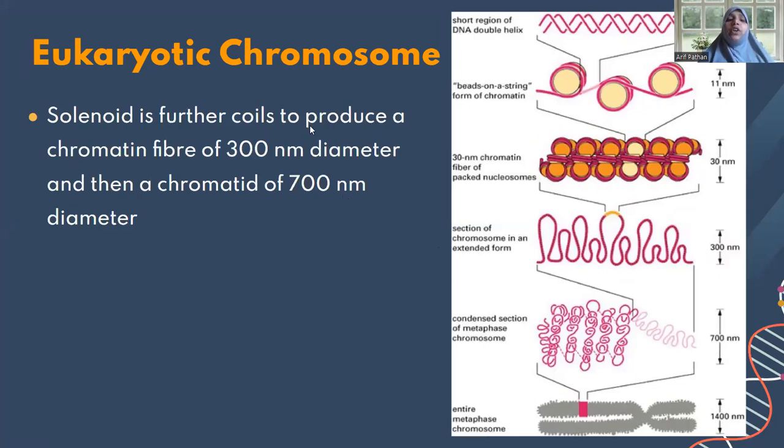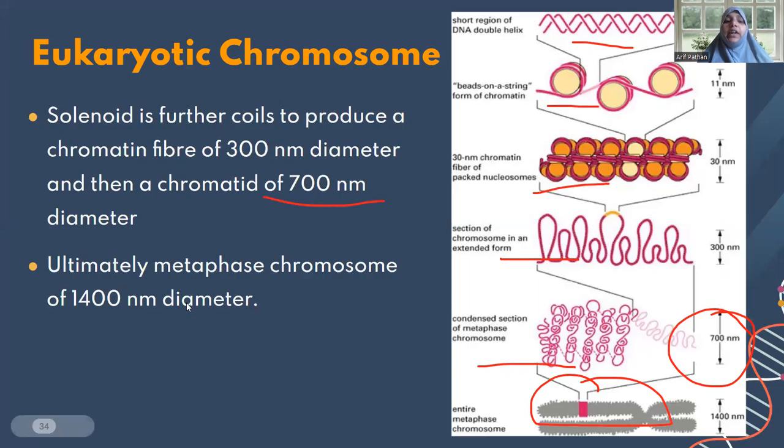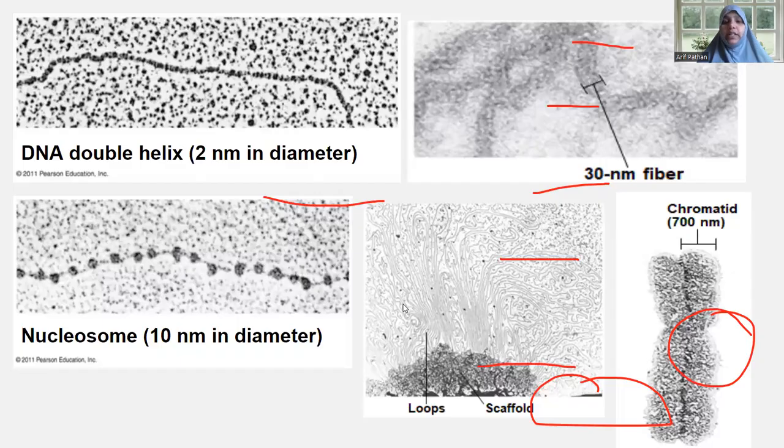Then the solenoid is further coiled to produce a chromatin fiber, which goes from 30 nanometer diameter to 300 nanometer diameter, and then it moves to form a chromatid, which is approximately 700 nanometers. So DNA level, bead-on-string level, chromatin fiber, chromatid, and then finally the chromosome. Ultimately a chromosome of 1400 nanometer diameter will result.